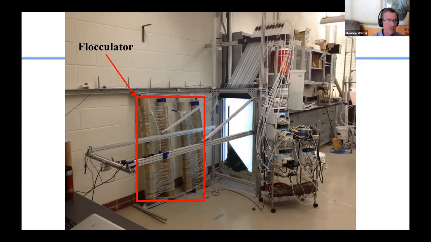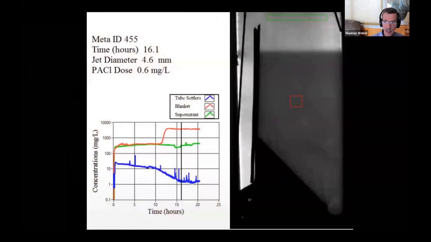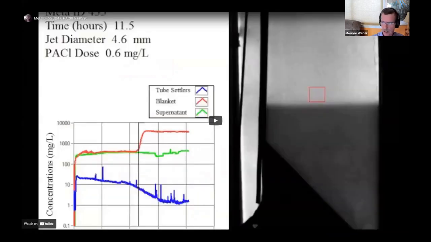Doesn't make sense for municipal plants, but it works in the lab. And then there's the flock filter part of this unit, and there's the tube settlers, which are like plate settlers, except they're round instead of rectangular geometry. And there's no filter in this system. And now we run this, and let's see if this works.